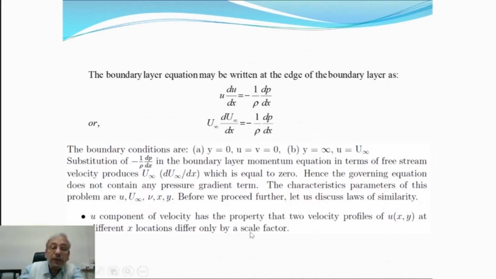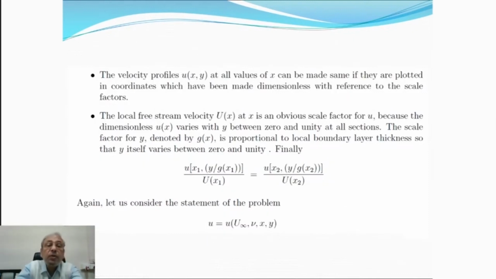Now, the u component of velocity has the property that two profiles, the u profile at two different x locations, look alike but they differ by a scale factor. So velocity profiles u(x,y) at all values of x can be made the same if they are plotted in coordinates which have been made dimensionless with reference to the scale factors.